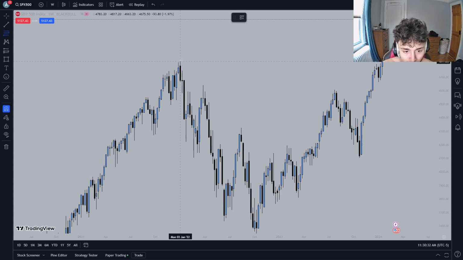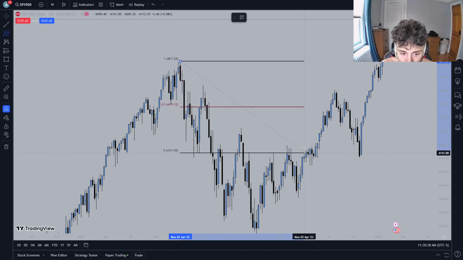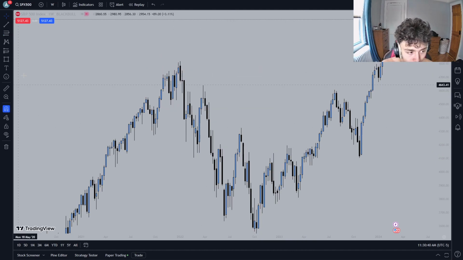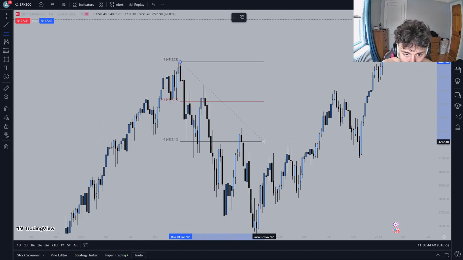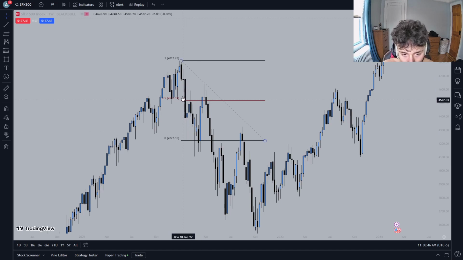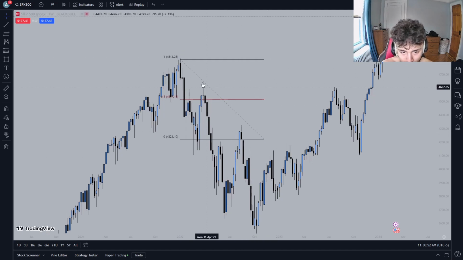We have this price leg from this high, right? You always want to measure from the highest high to the low within that, right? Hold on, let me get this magnet off. So within this price range, and you're probably asking why not this low, because this is the low that was created within this price range.